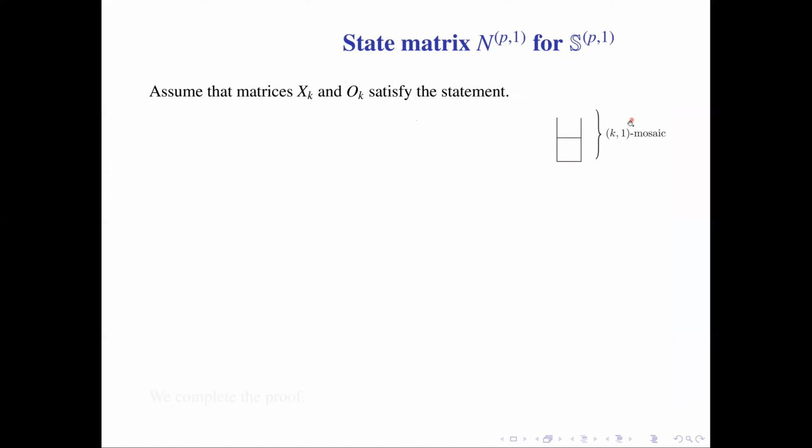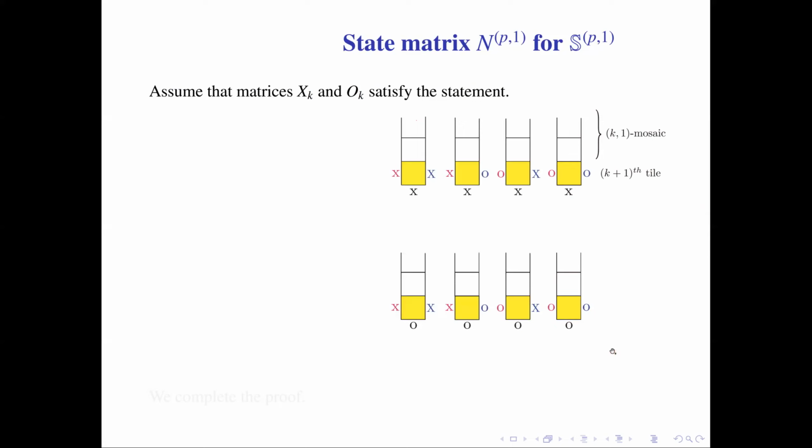So given a suitably connected K by 1 mosaic, now we add one tile and consider the bottom state. Then the yellow tile can have two L states and two R states, like this.